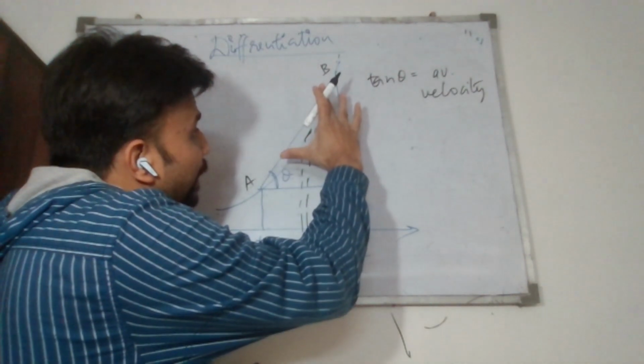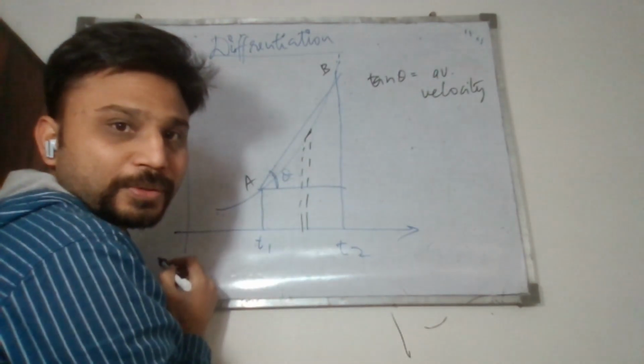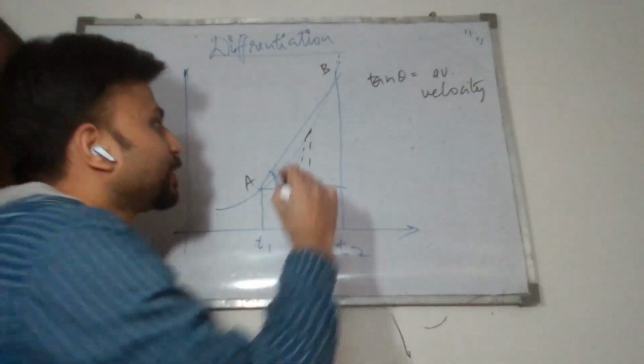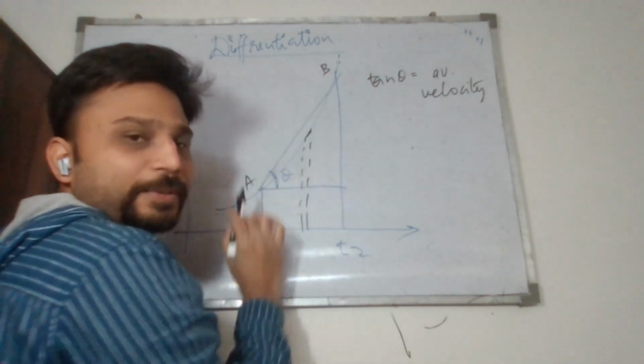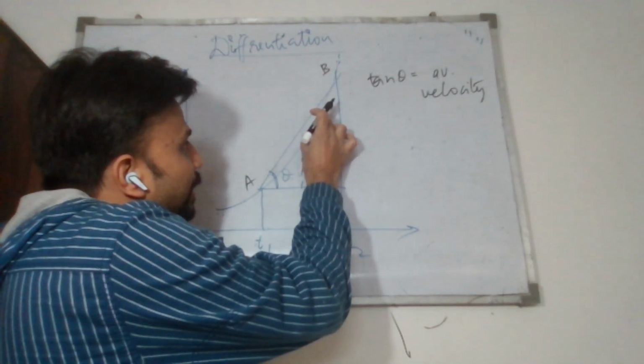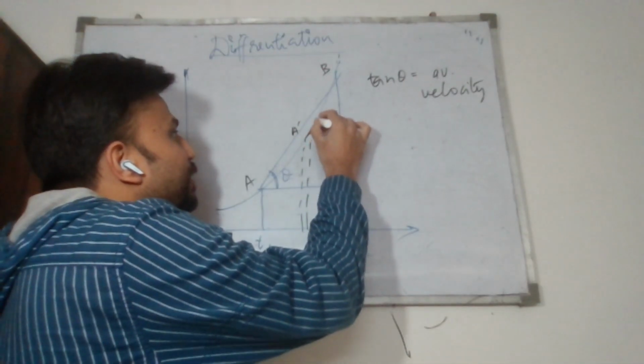So when the line has reached this point, where these 2 points are very, very close to each other, I'll take some time. A and B, they have arrived somewhere here. So this line is cutting the graph at points A dash and B dash.